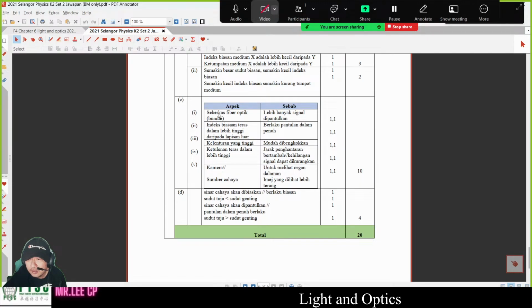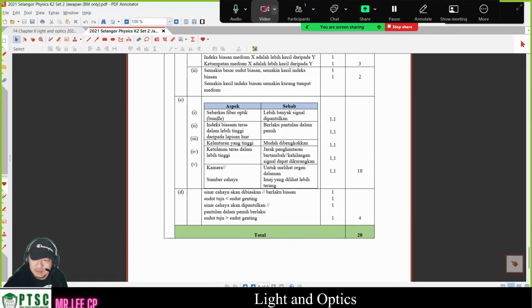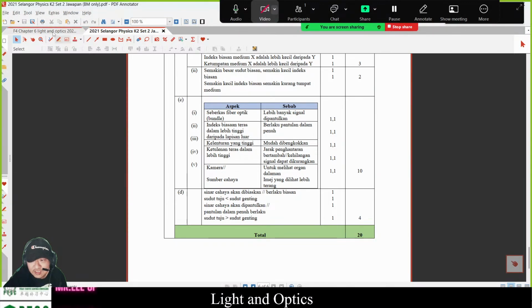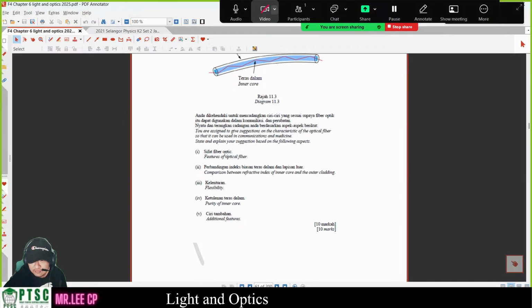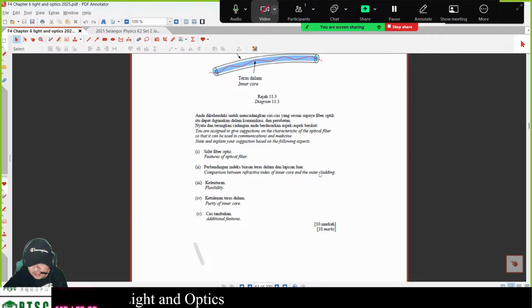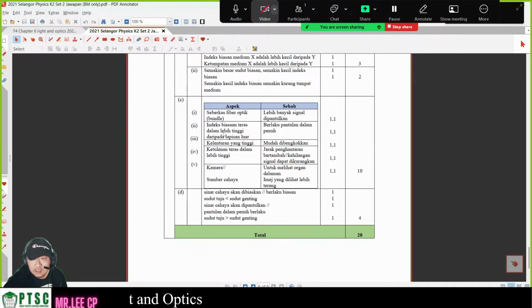Sebekas fiber optic means bundle. They come in bundle, so more signals can be transmitted, can be reflected. The first one I got wrong already. The second one is inner core and outer core. Indeks biasan teras dalam lebih tinggi daripada lapisan luar, so pantulan dalam penuh can happen.